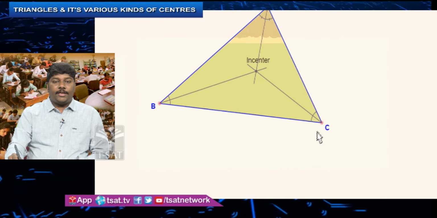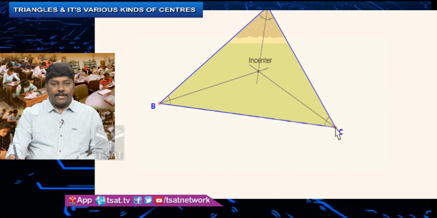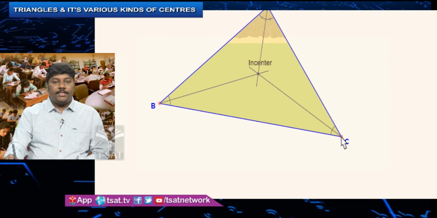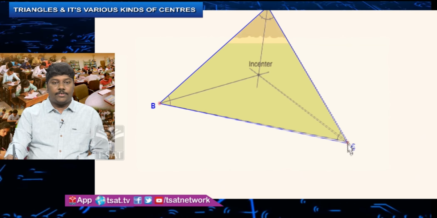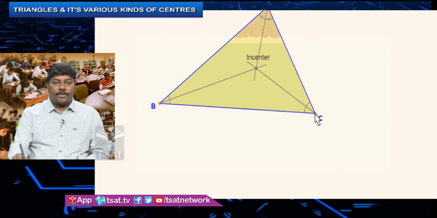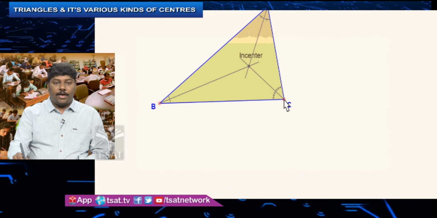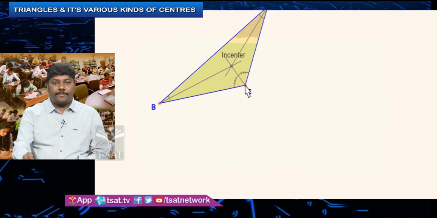Now, here these are 3 angular bisectors. Look at it, it is called incenter. The intersection point is incenter. Incenter is always equidistant from the sides. And here for an obtuse angle triangle, incenter stays inside.